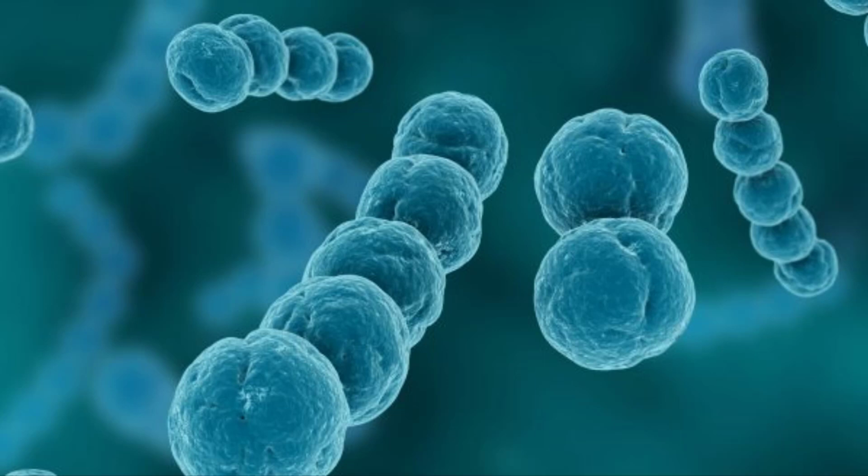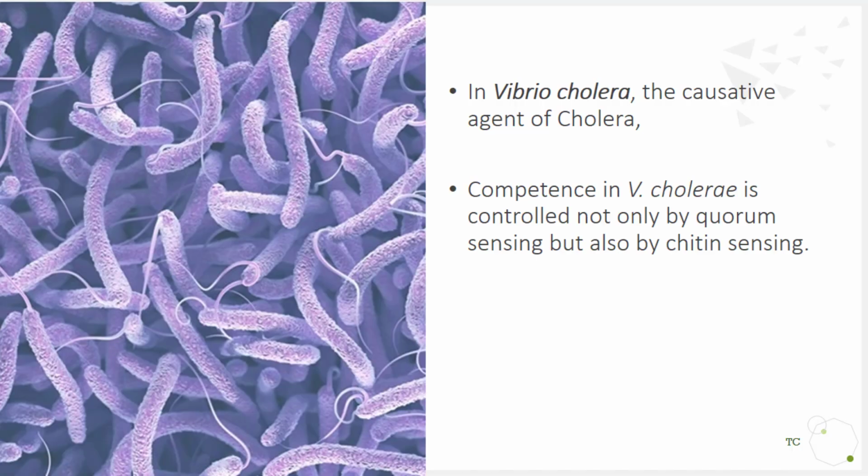Now, there are many layers of regulation which control natural competence in other bacteria. For example, Vibrio cholerae, the causative agent of cholera, is naturally found in marine and freshwater environments and is associated with crustacean exoskeletons.